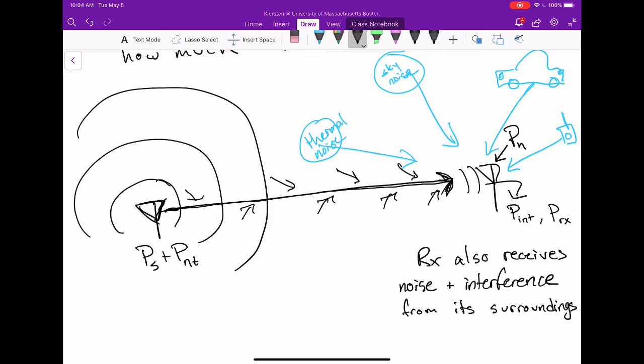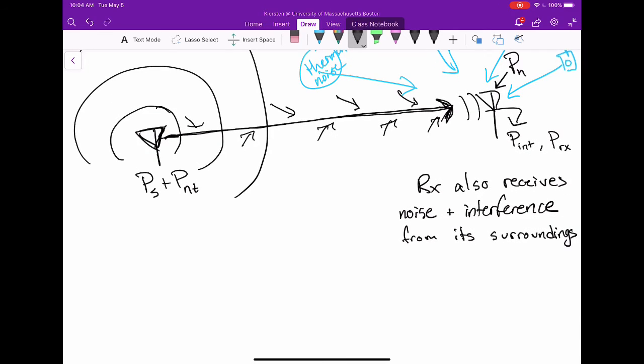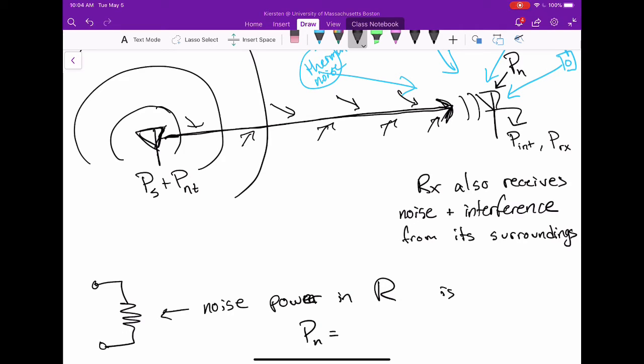So how do we model the noise that is being accepted by the receive antenna? When we're dealing with noise in a typical circuit, let's say a resistor, the noise power in this resistor is Boltzmann's constant, k, times the temperature of the resistor times the bandwidth of the system that we are using to measure it with.